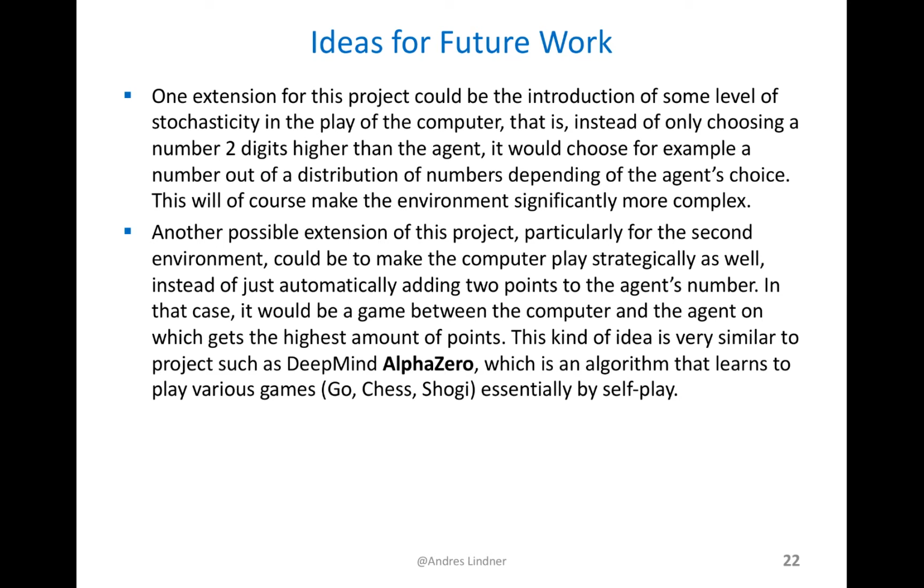Another very interesting possible extension of this work is to make the computer also play strategically, in the sense of two players playing against each other, where each one tries to get the highest score possible.